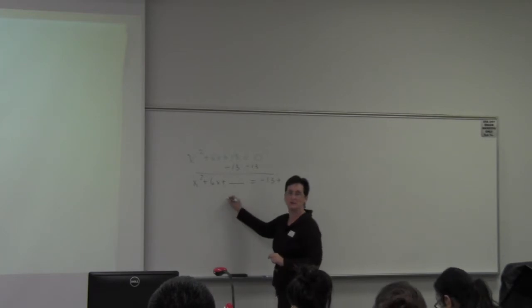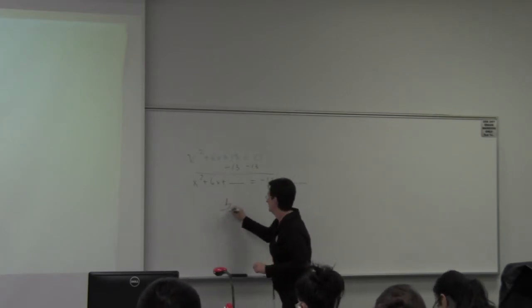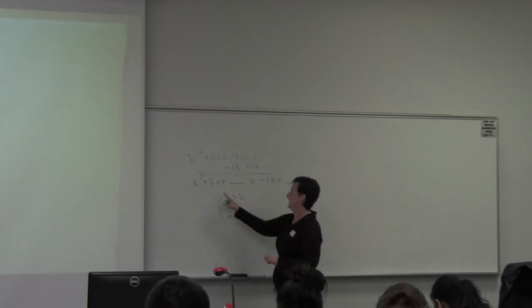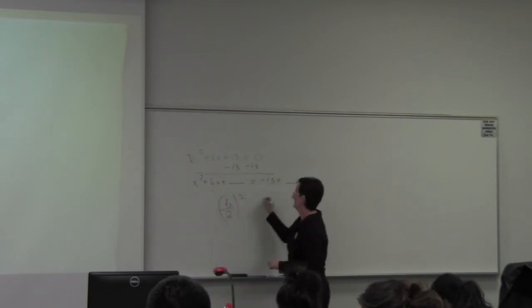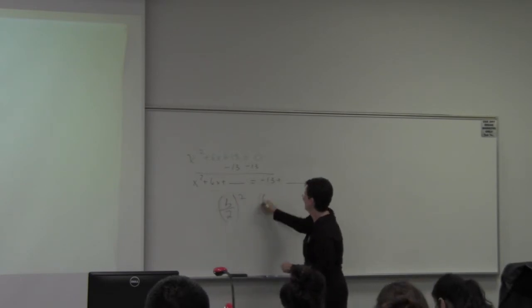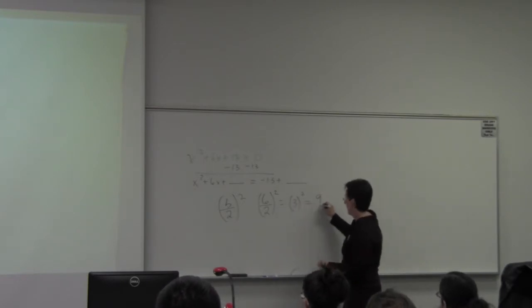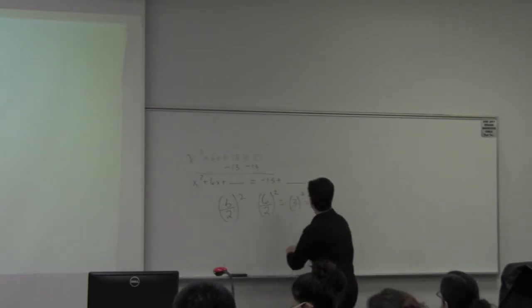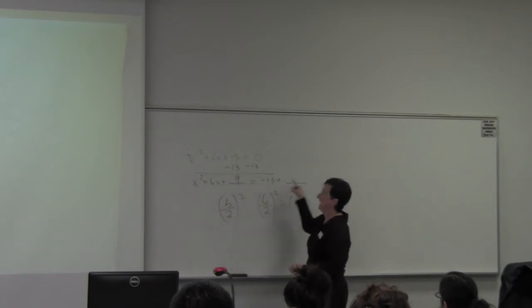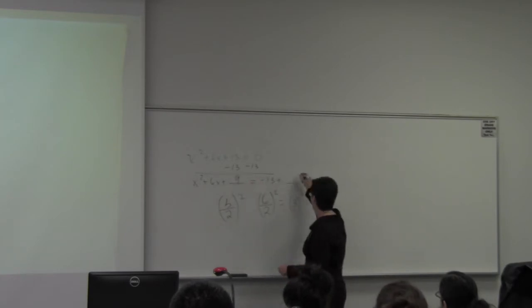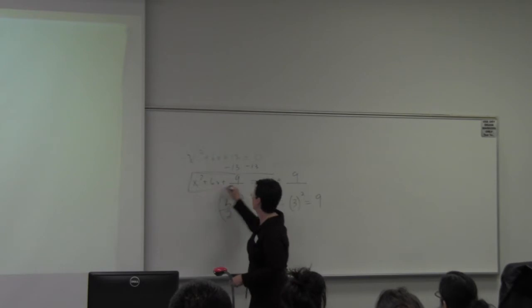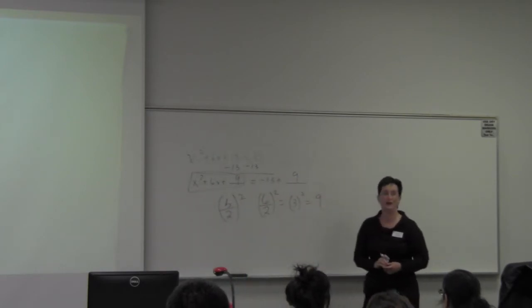How do you find that number? So b is 6 divided by 2. And 3 squared is? All right, so our magic number is 9. And you have to add that to both sides.